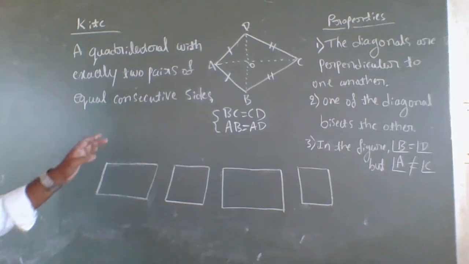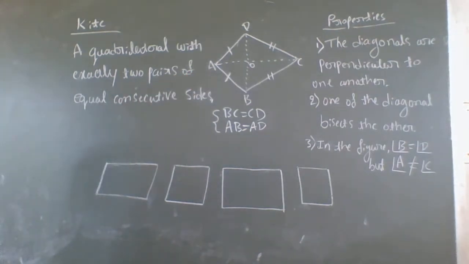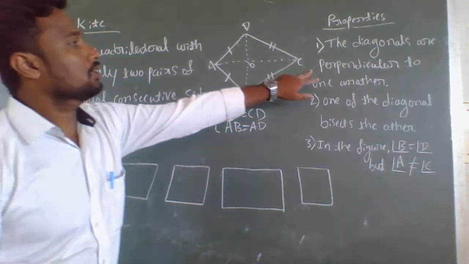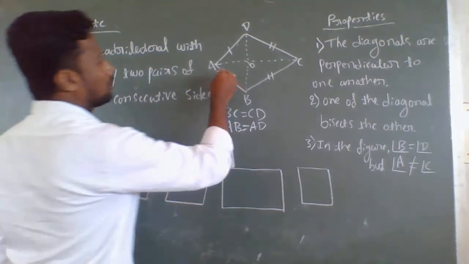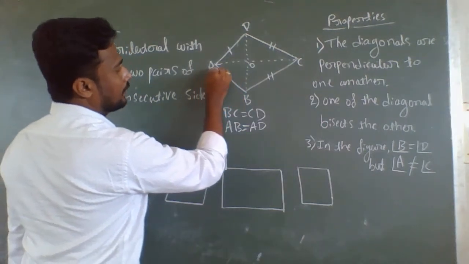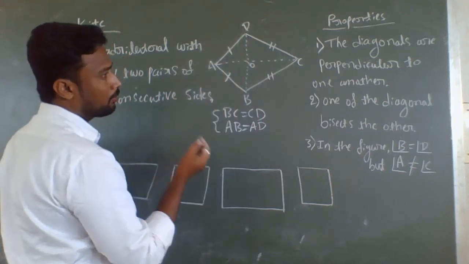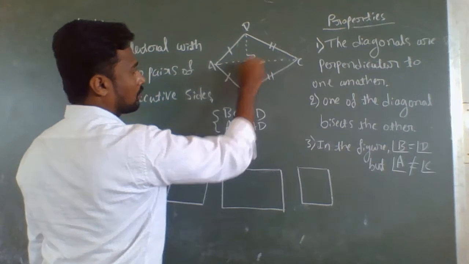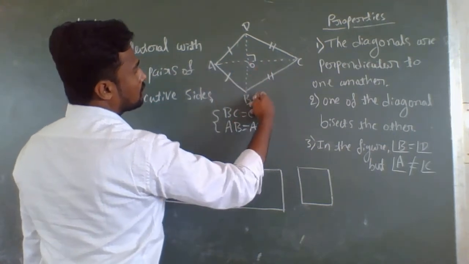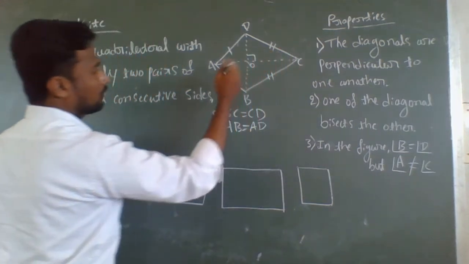These two diagonals intersect at a point O. So the property is that the diagonals are perpendicular to one another. Diagonal AC and diagonal BD are perpendicular to one another. Here, BD is perpendicular to AC.